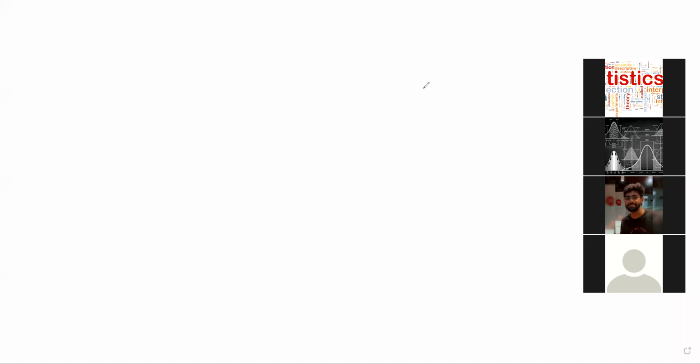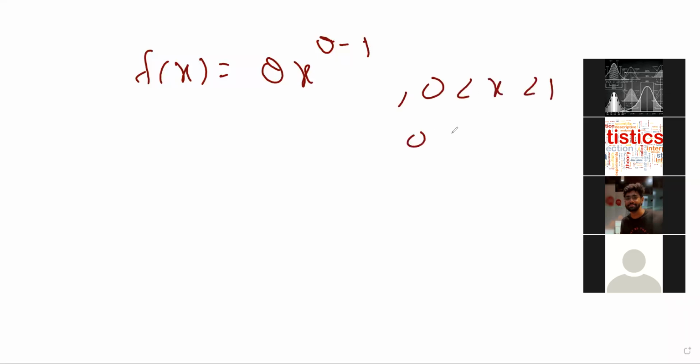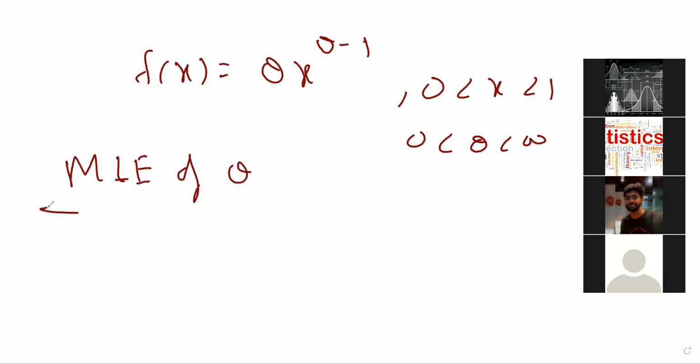Then the next question I'm taking: f(x) equals theta x raised to theta minus 1, for 0 less than x less than 1, 0 less than theta less than infinity. We have to find the MLE of theta.